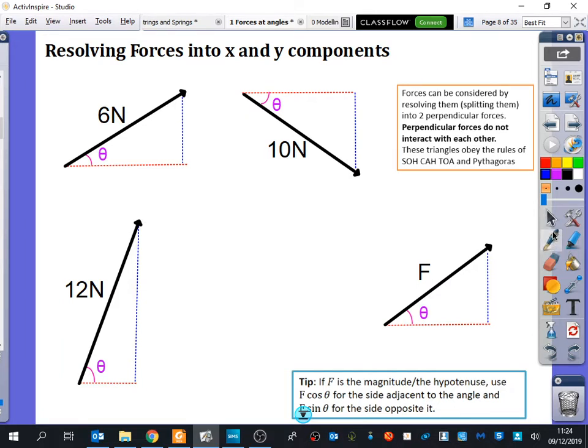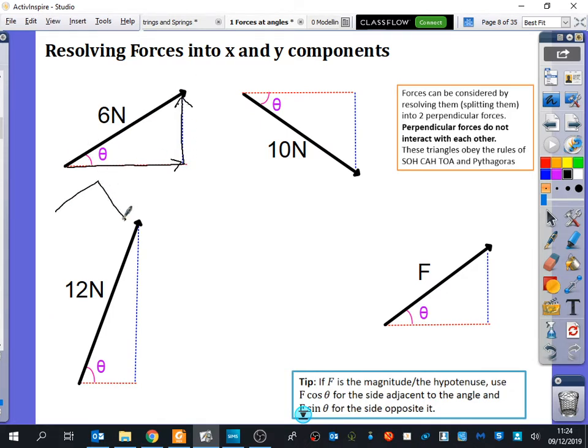So this 6 newtons that we've got here, for example, if I was going to say that this is actually a vector, we're going to think about how we can split this force up into two different forces. If I was going to change it into a long vector, let's do this in the black colour, I could say there's that arrow and there's that arrow. Now we know with vectors, this vector plus this vector is equal to this vector here.